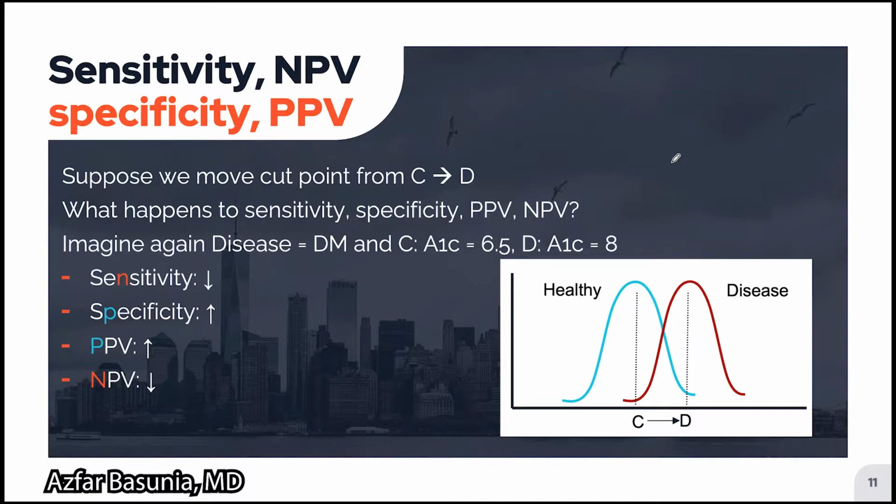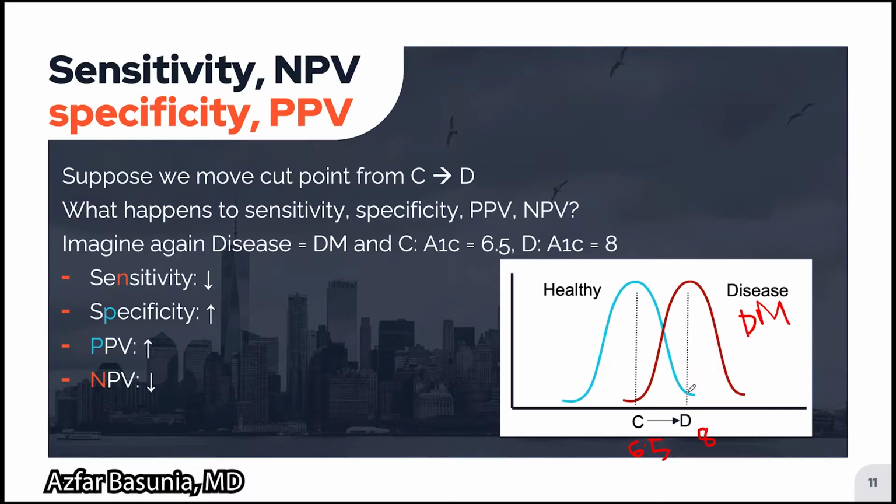Let us look at an example of the other scenario. Assume again that we are talking about diabetic patients and we're talking about A1C as a diagnostic test. This time we move the cut point from 6.5, which is C, to 8, which is equal to D. In this case, what happens to the sensitivity, specificity, positive and negative predictive values?